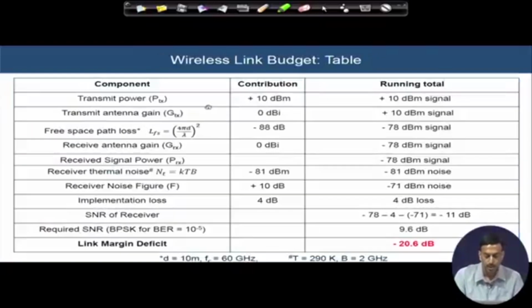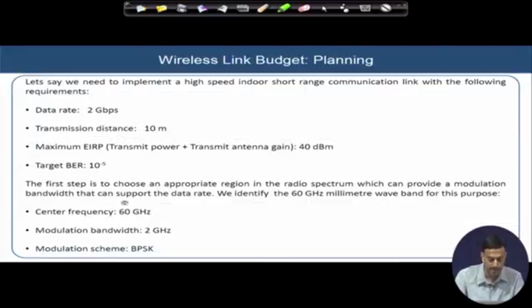So let us take a look at this link budget table, which corresponds to this particular scenario. Now actually the maximum EIRP, which is the addition of transmit power and antenna gain, is mandated to be up to 40 dBm.